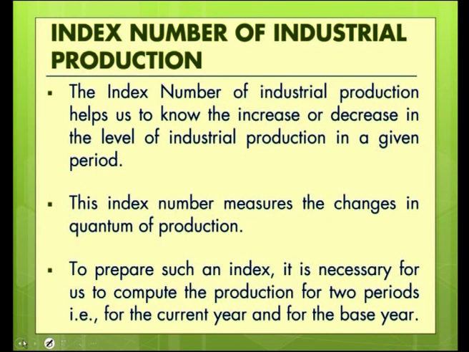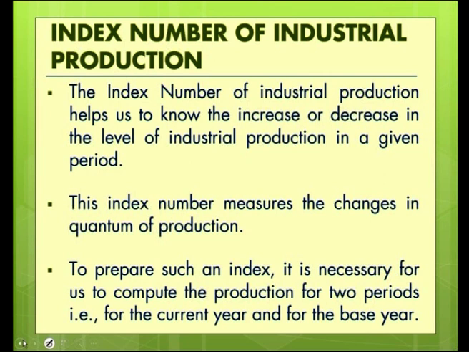Now, index numbers are used for various purposes, that is for household and for industrial. Now, let us see how index number for industrial production is taken into account. The index number of industrial production helps us to know the increase or decrease in the level of industrial production in a given period.